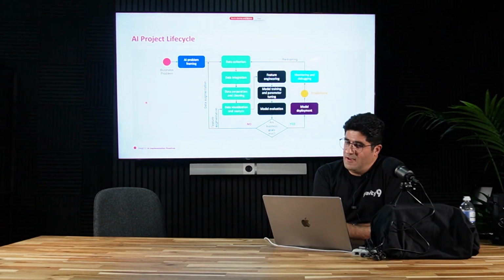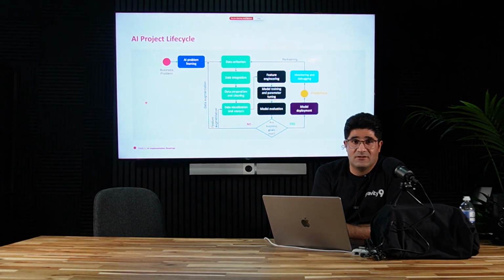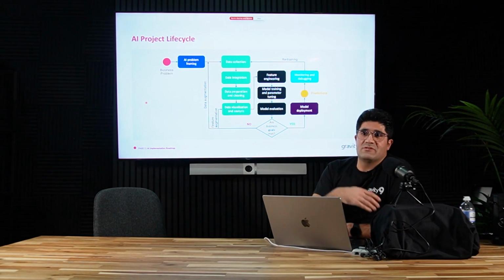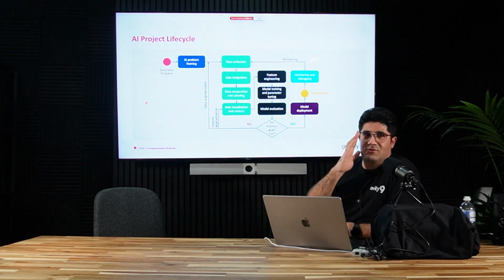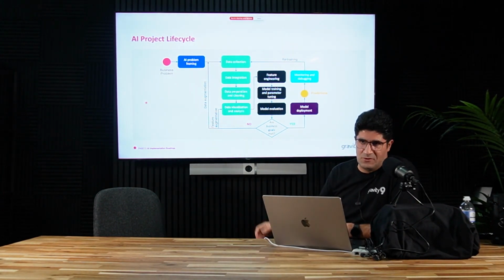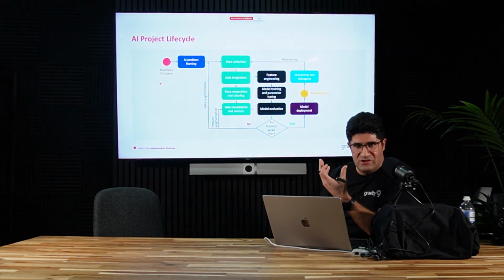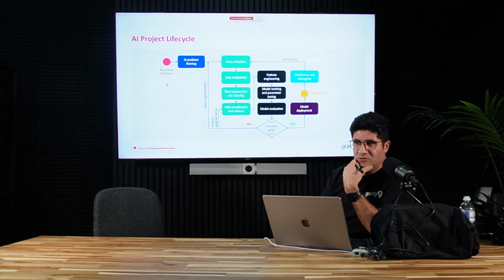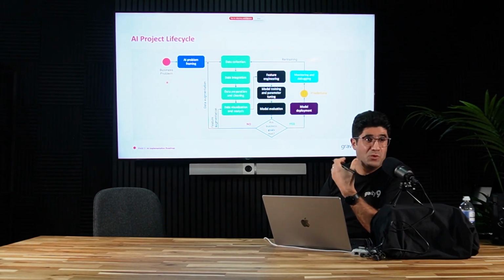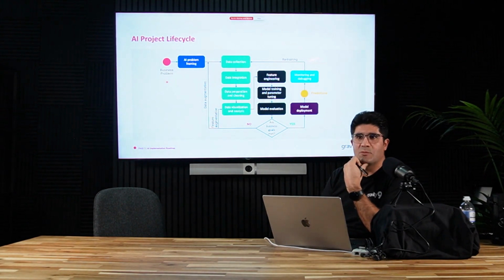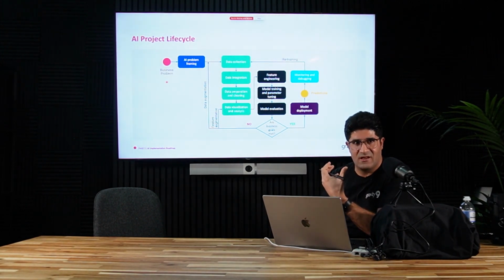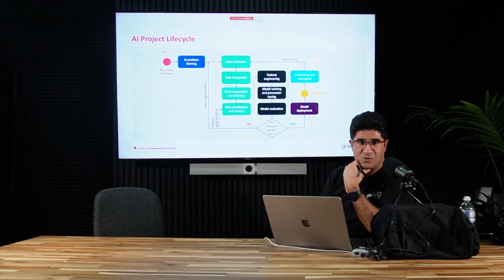The AI life cycle shows us what kind of steps we need to consider during developing an AI system. As with any engineering project, at the beginning we need to find a pain point in our business. So finding the problem inside the business is the starting point.